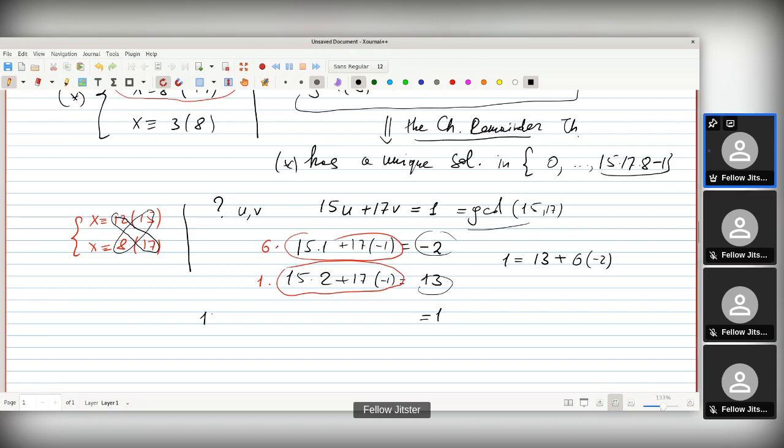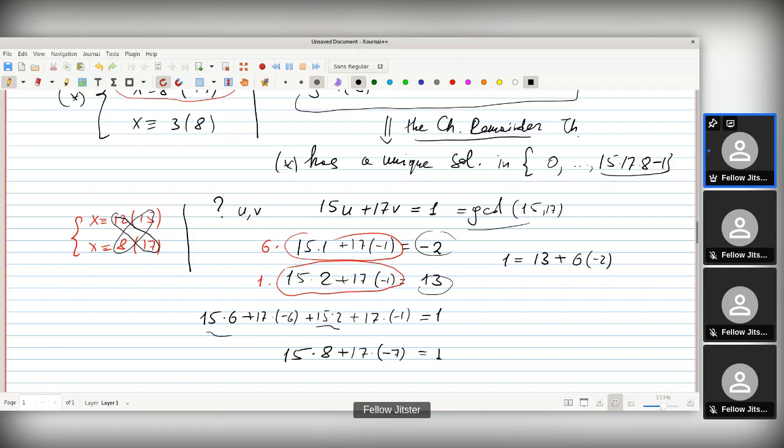So what is it? Here I have 15 multiplied by 6 plus 17 multiplied by minus 6, plus 15 multiplied by 2 plus 17 multiplied by minus 1. So considering similar terms, I have 15 multiplied by 8 plus 17 multiplied by minus 7. Can you check it directly?